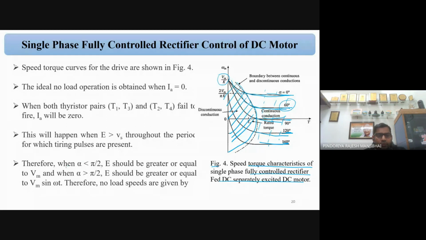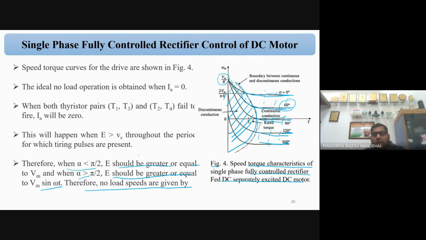So for alpha less than pi by 2, E should be greater than or equal to Vm. And when alpha is greater than pi by 2, E should be greater than or equal to Vm sin omega t. Therefore, no load speed is given by, what is the no load speed?